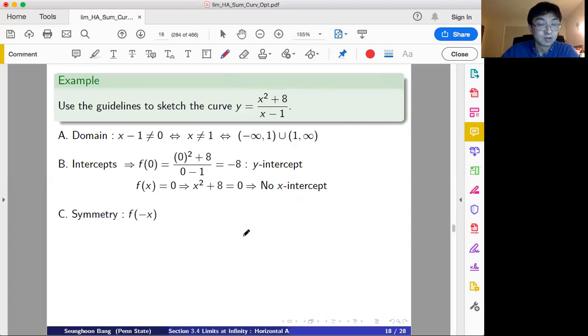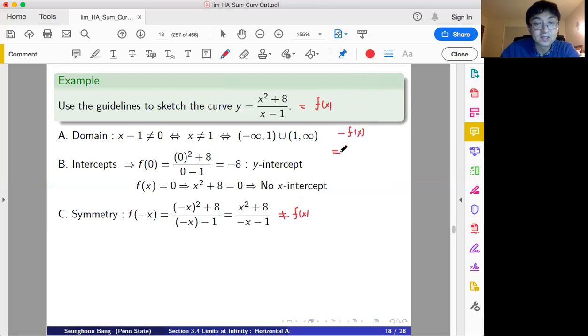For the symmetry, you calculate f of minus x. You plug minus x into x here: (negative x) squared plus 8 over minus x minus 1, so x squared plus 8 over minus x minus 1. Is this like f of x? This is not equal to f of x. What's minus f of x?